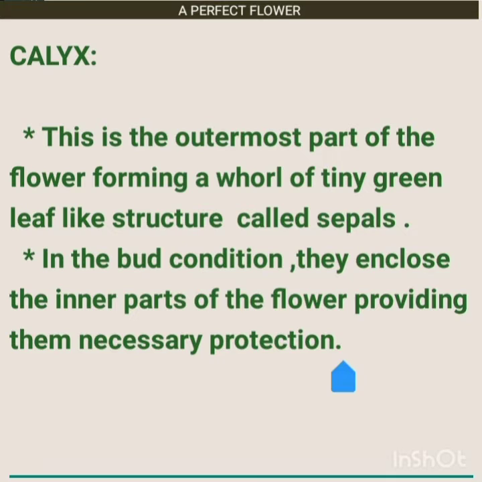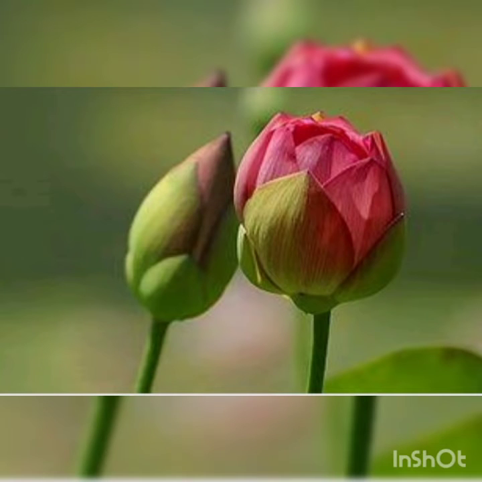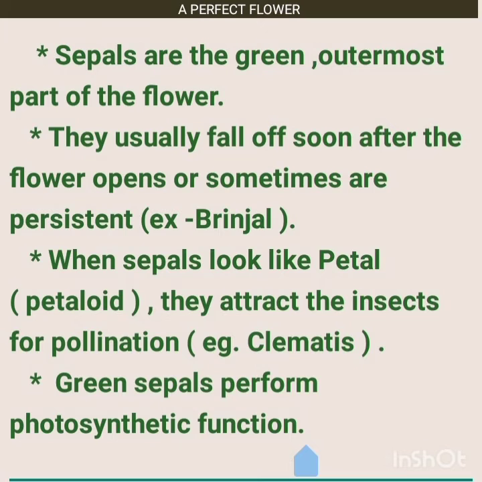In the bud condition, they enclose the inner parts of the flower, providing them necessary protection. Sepals are the green outermost part of the flower. They usually fall off soon after the flower opens or sometimes are persistent. Example, brinjal. In brinjal, the sepals are persistent.